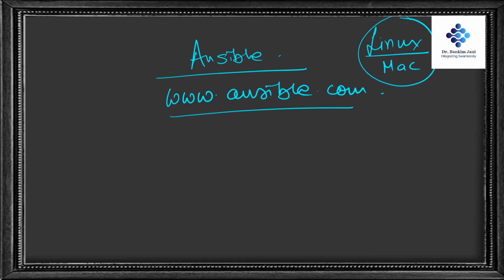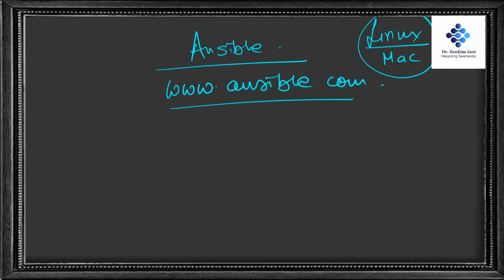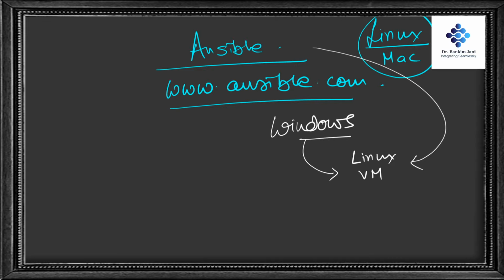So then what about Windows? Well, if you really want to implement it on Windows, some exercise is needed. You have to create a Linux virtual machine and then install Ansible on that. This is something which is needed.